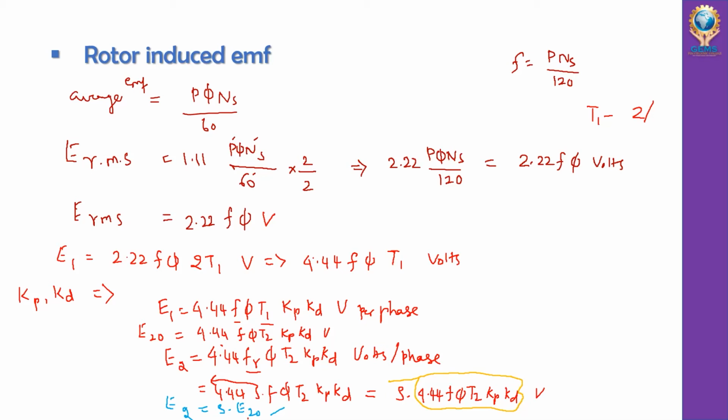So this is the rotor induced EMF. This is the stator induced EMF, this is the rotor induced EMF. And then here we use the relation s equal to (f minus fr) by f.